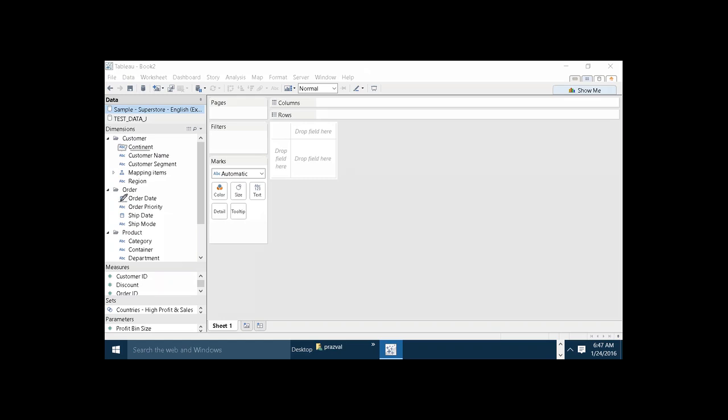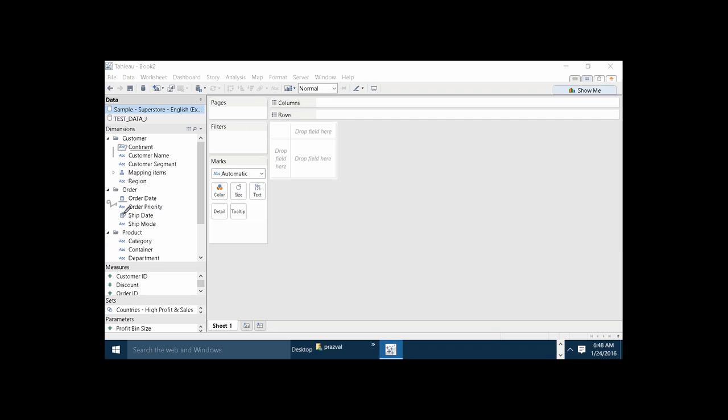So the dimension always contains different data types: number 1, ABC, which indicates textual data; number 2, calendar, which indicates the date data type; and number 3, calendar plus clock, which indicates date plus time fields.